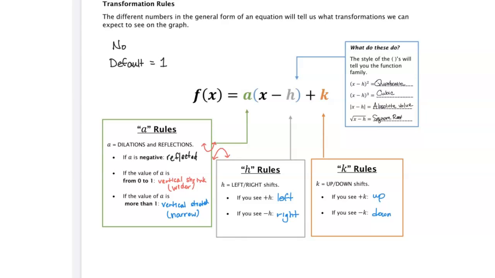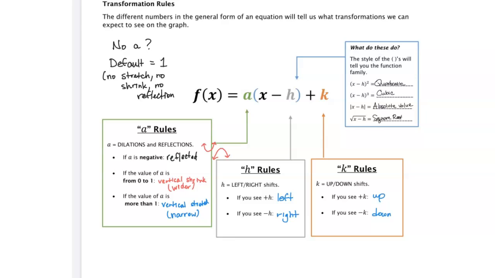So if you see no A, then your default value is a 1. So that means that you had no stretch, no shrink, and no reflection.